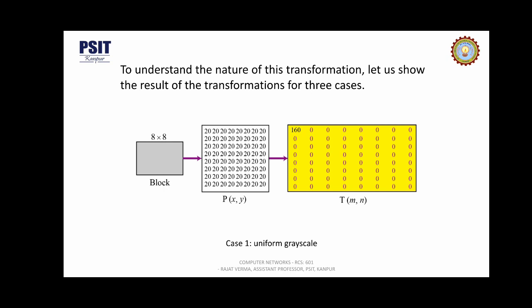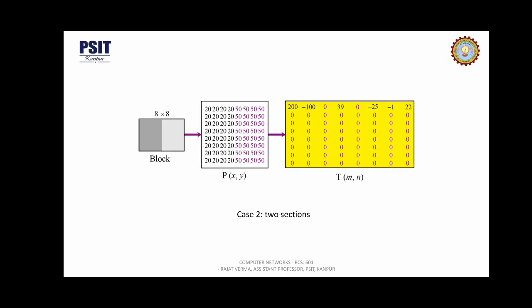Now after the transformation we apply on P(x,y), we get the values of T(m,n), where the uppermost value is 160, and the rest of the values are 0.